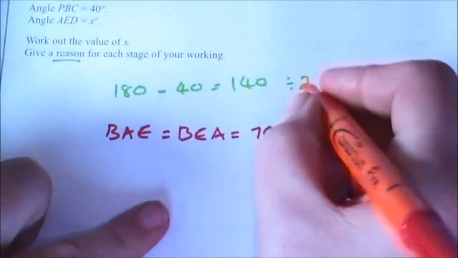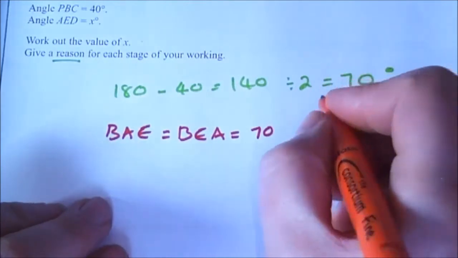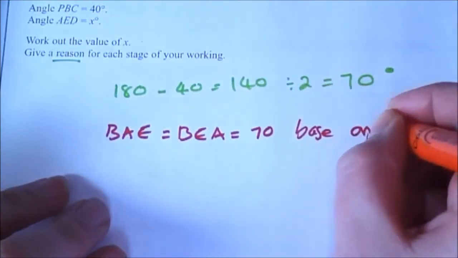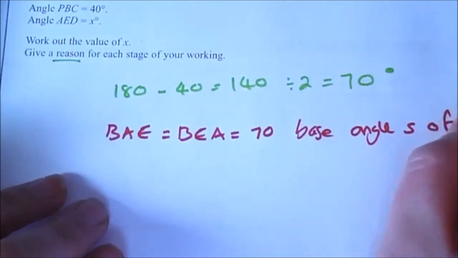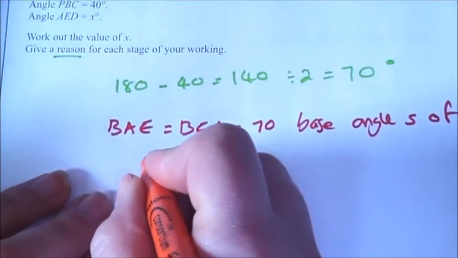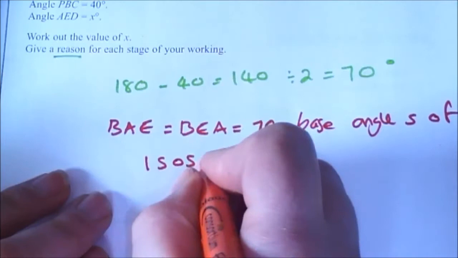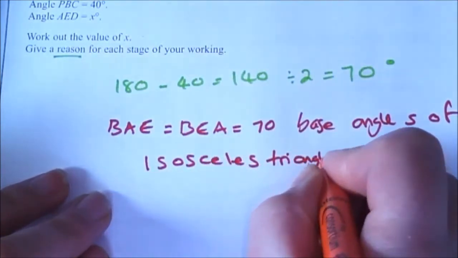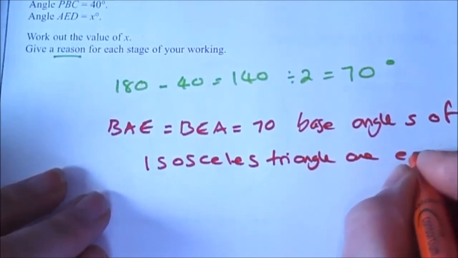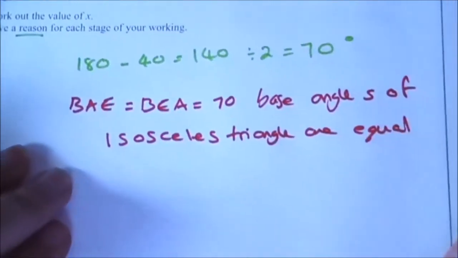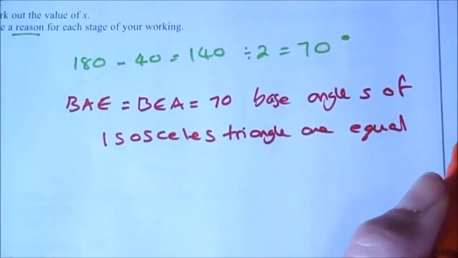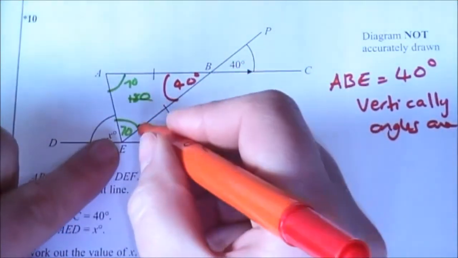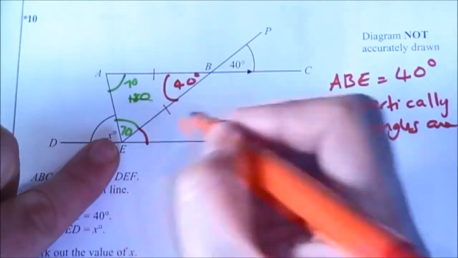So I've said they're equal to 70, and the reason is because base angles of isosceles triangle are equal.